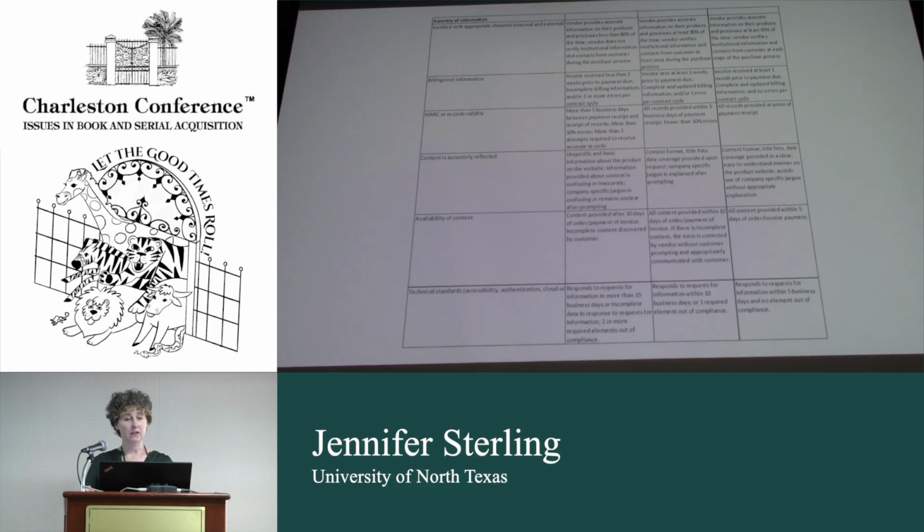For the most ideal, it's the content format, title list, date coverage is provided in a clear and easy to understand manner on the product website, and it avoids the use of company-specific jargon without appropriate explanation. And then for the sub-field availability of content, all of content would be provided within 5 days of order/invoice payment.